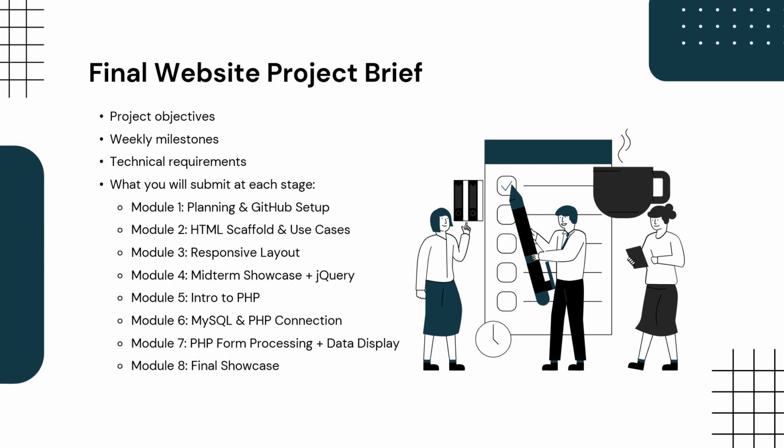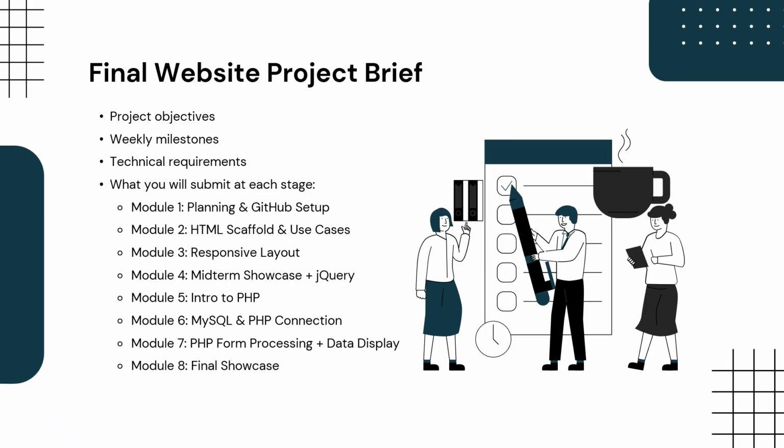In the third module, you're going to be creating responsive layout. We're going to be using Bootstrap for that, and we'll get into that. And then the fourth module, this is where you're going to showcase to me what you've got so far. And you're going to also be adding in some dynamic scripting using jQuery.